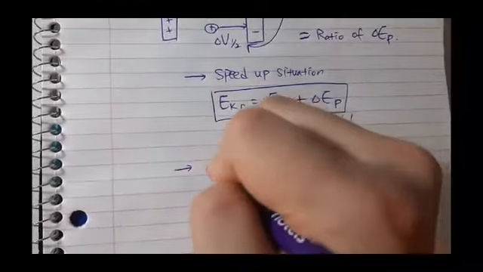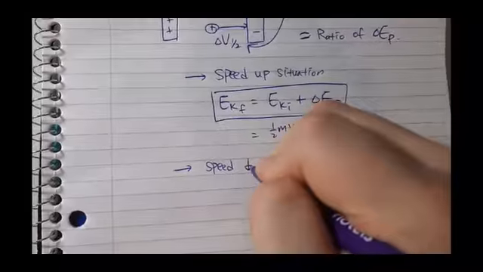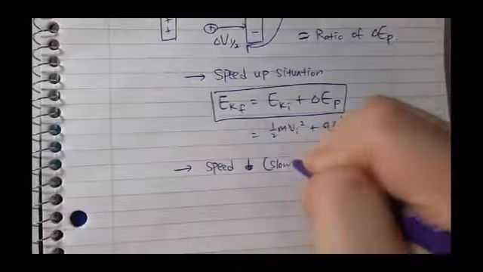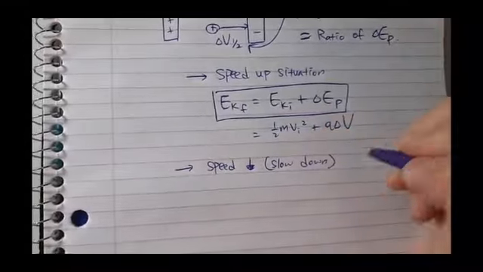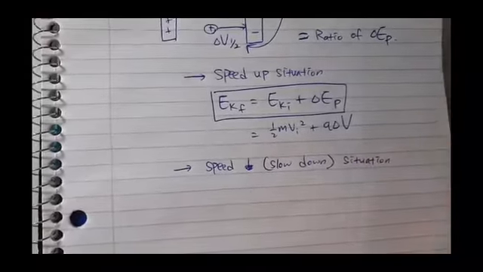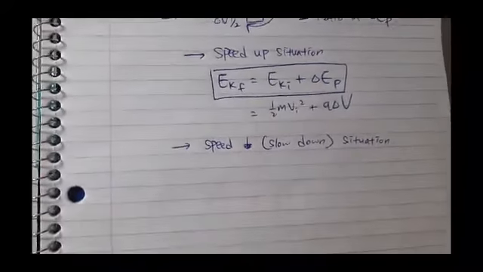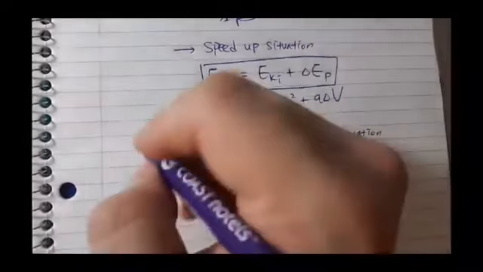Now, some situations: speed up versus slow down situations. That's way better, and it makes my life way easier. For a slow down situation, you can think of it this way.